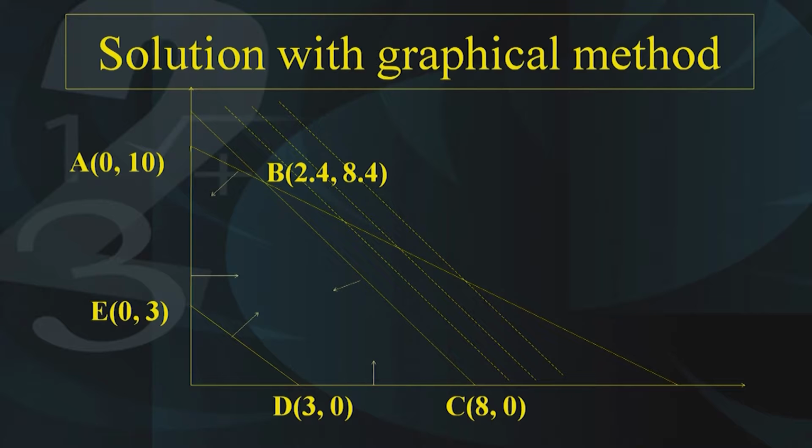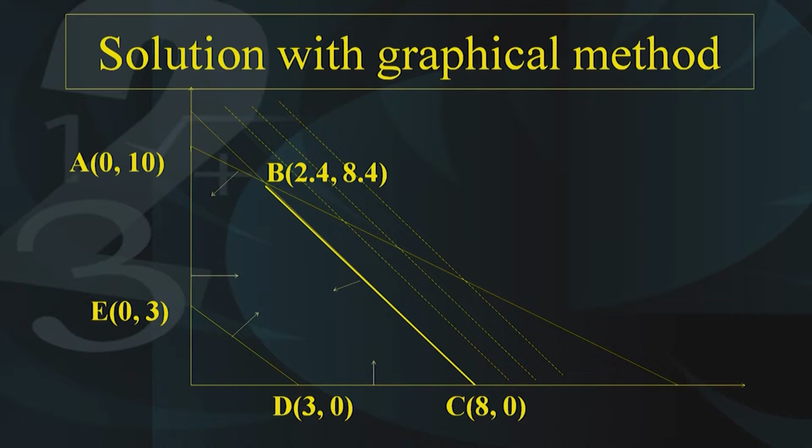And what are the solutions of the problem? The solutions of the problem are all points on the line segment joining the points B and C. How is that possible?